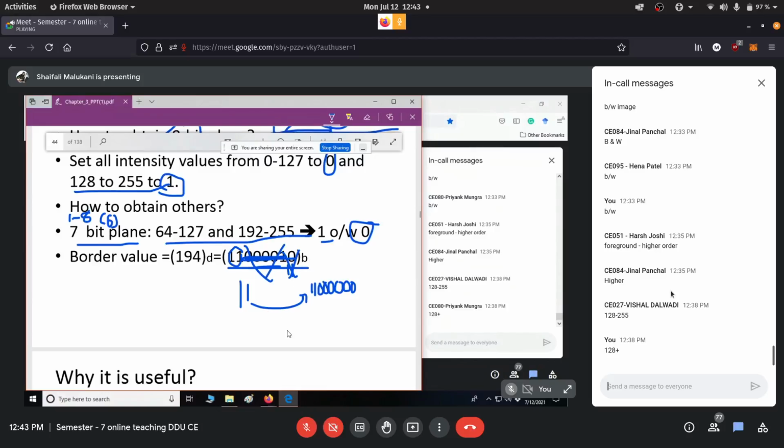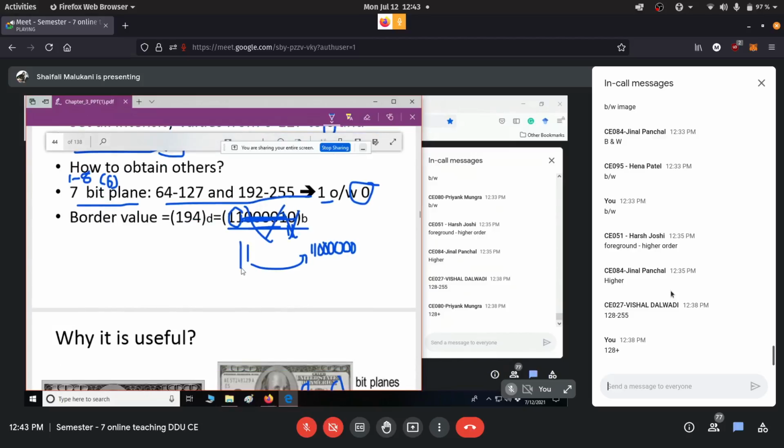And so how to reconstruct this? Whatever value is equivalent to the 8th bit should be multiplied with 2 raised to 7. Whatever bit is equivalent to the 7th bit should get multiplied with 2 raised to 6, and adding them should give my desired value.